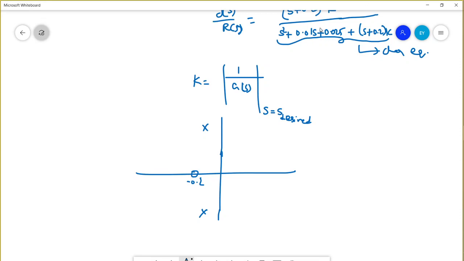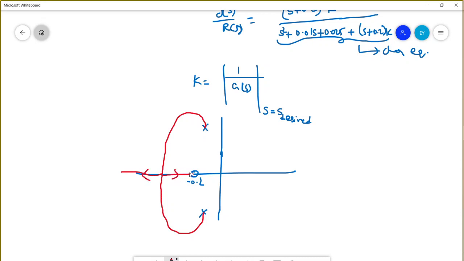Yeah, it is a second order equation. You have two poles and one zero. So these are poles, complex poles, and you have one zero. If you draw the root locus, it will start at the pole, enter the real axis, and one pole will tend towards 0, and this particular pole will tend towards infinity.